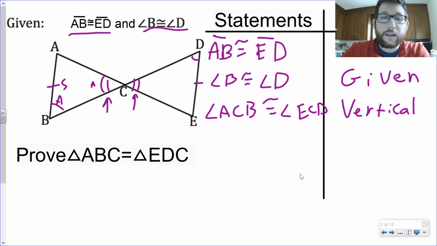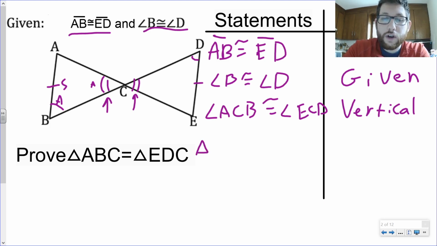Up until this point, at the very least, your proof should have 4 steps. There should be 3 facts and then a congruency statement. Sometimes there's more, but there should be at least 3 steps every time. We list our given stuff, and we look for any vertical angles and reflexive sides. And then we say, okay, now I've got angle, angle, side for my triangle.